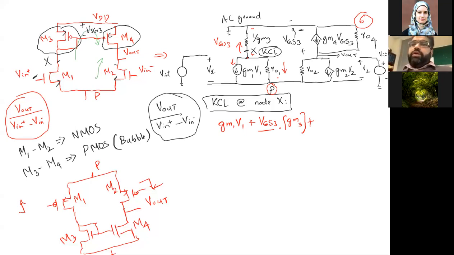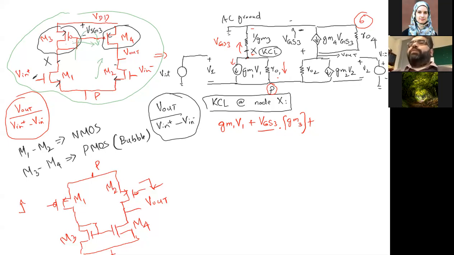Okay. I will come back to this point, but let's address what you are asking, Jamshed. If you see the left-hand circuit, that's easier to evaluate. What's the potential? VSG3. So this is a PMOS, and it's a current mirror. This current mirror is doing what? Setting the bias potential for M4, right?